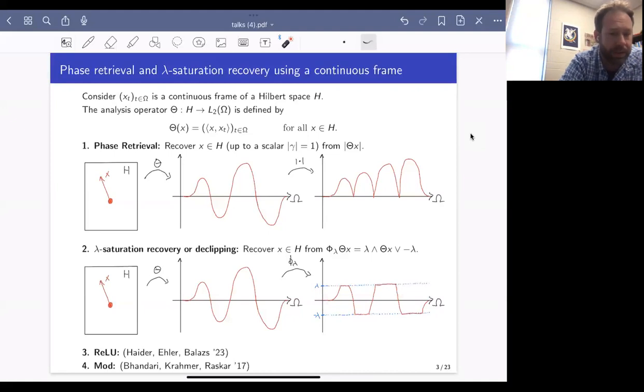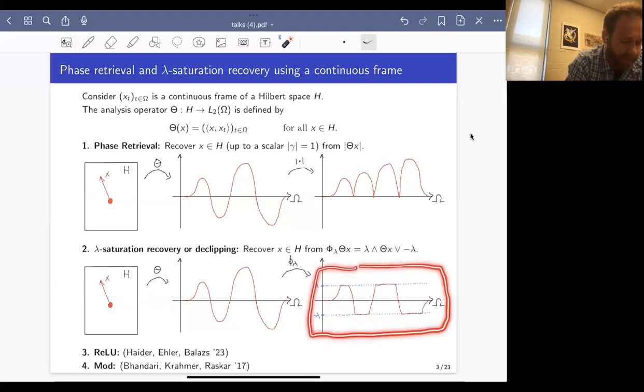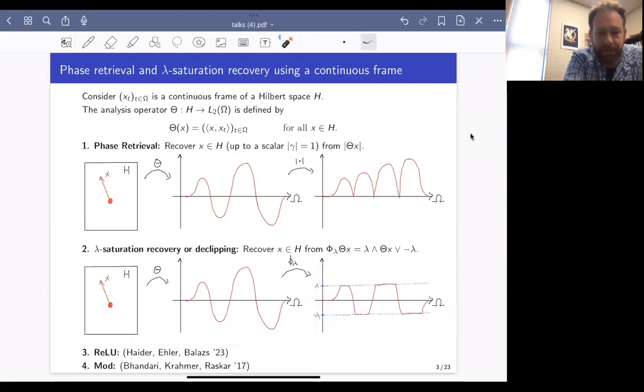So this comes up a ton in audio signals and electrical engineering, things like that. And so the goal of saturation recovery, declipping, is I'm looking at some signal like this. I want to know, how do I figure out what is the vector that is giving me this clipped signal?